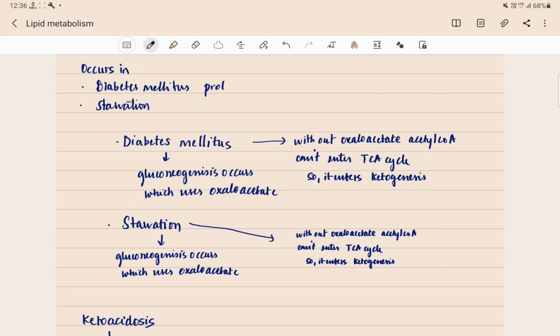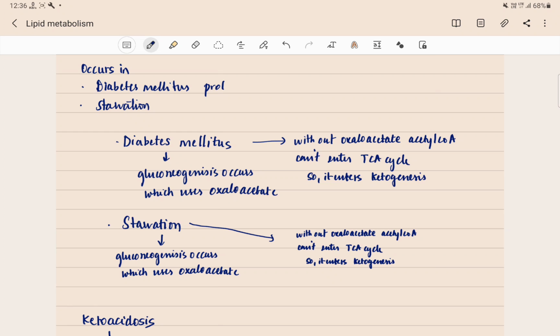So instead of entering the TCA cycle, the acetyl CoA goes for ketogenesis again. Because of this, ketone bodies accumulate. It's like going backwards.